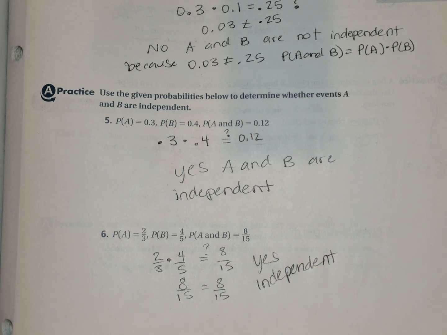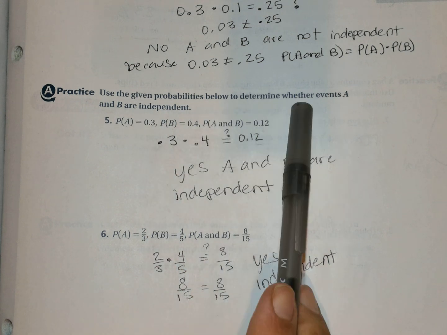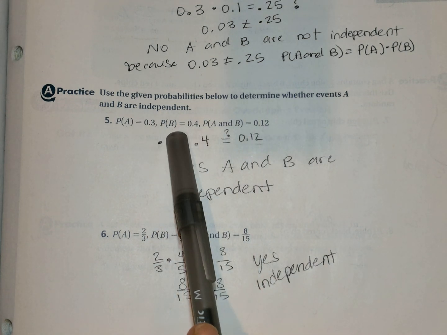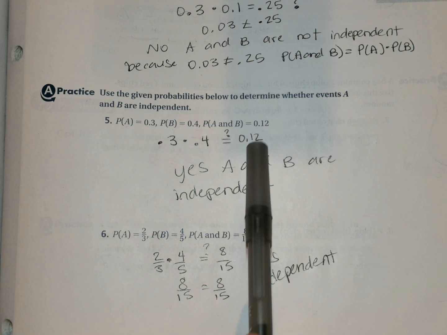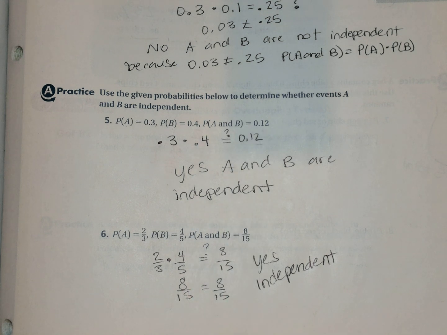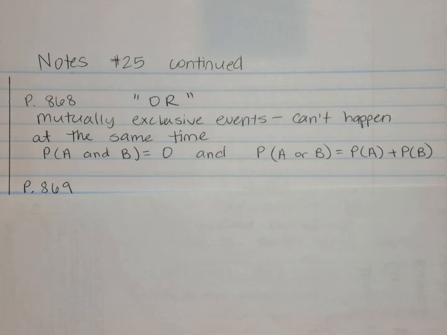Okay, so remember, the way to test for independence, if you get a question, are these events independent? You multiply the separate probabilities and you see if it does equal the probability of A and B when they give it to you.